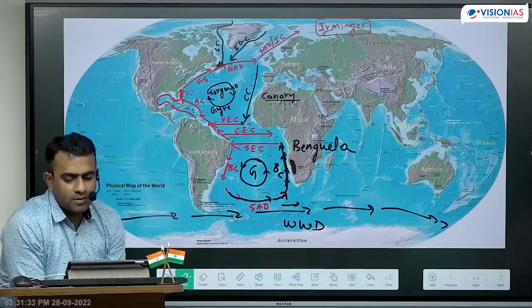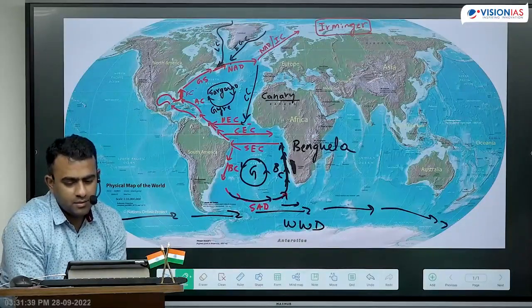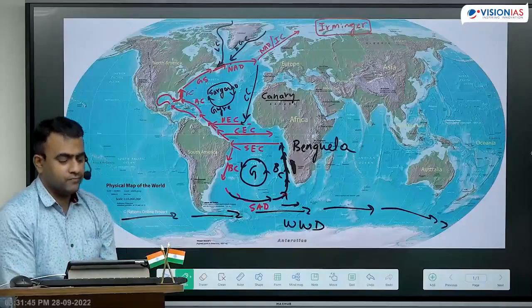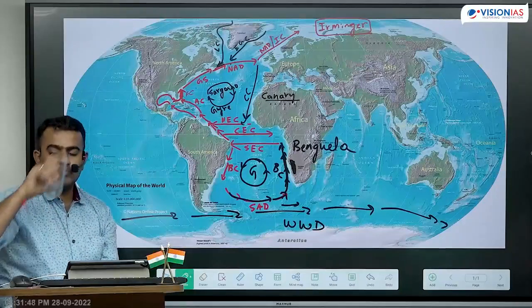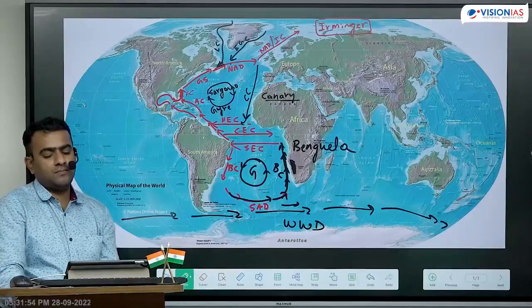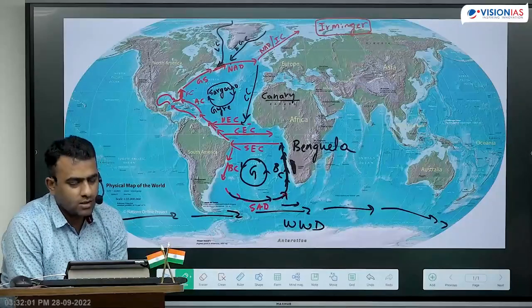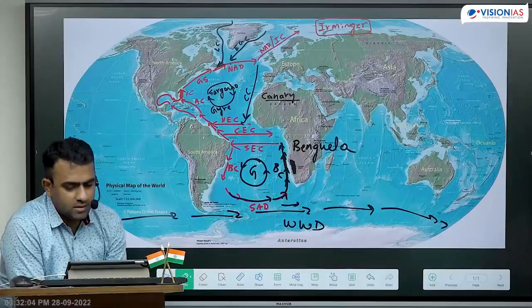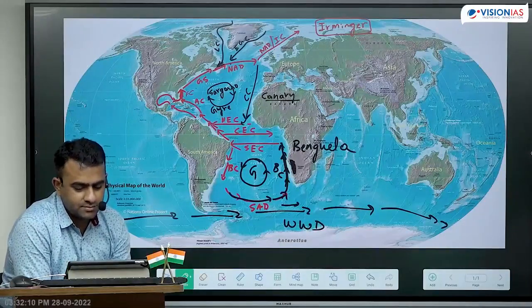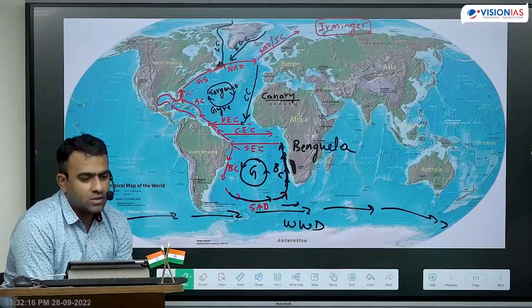Near the Cape of Good Hope, a part of it diverts north as cold Benguela current, which joins the South Equatorial current.